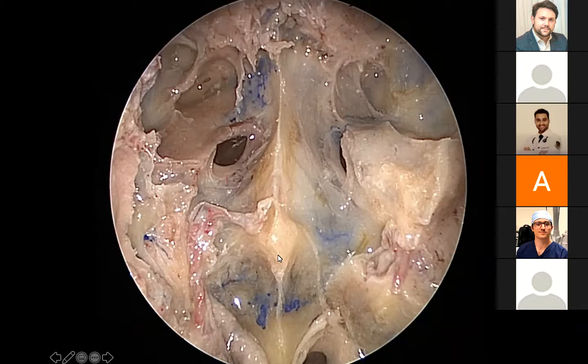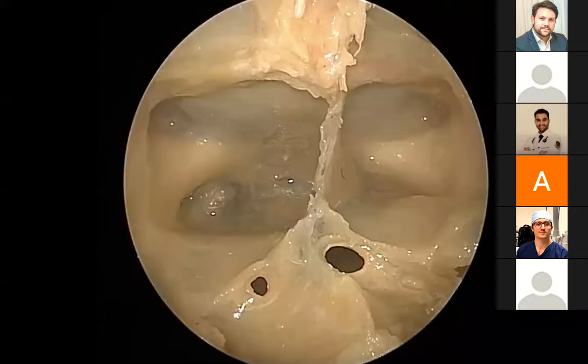And here, this is the only reference that we can have for midline, that is the rostrum of the sphenoid bone. And everything else can be off midline, and usually is, especially when we look at the sphenoid septations. They usually are off midline, and they usually go to one of the carotids.